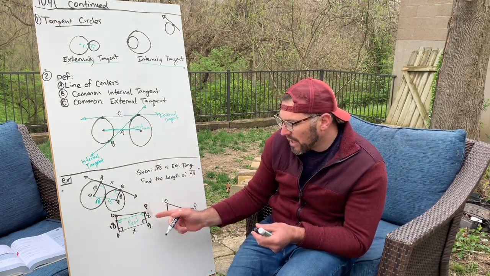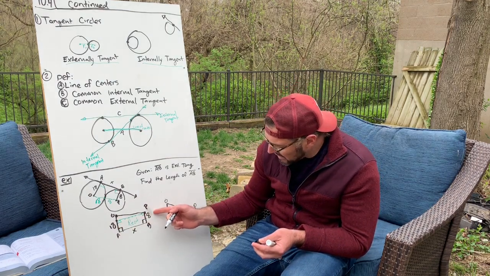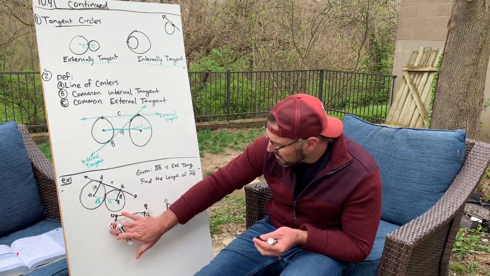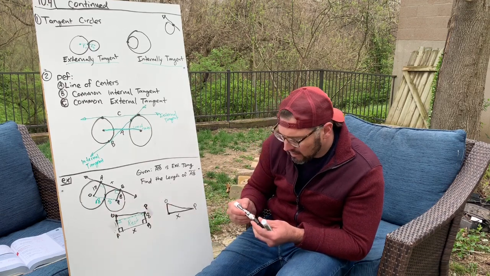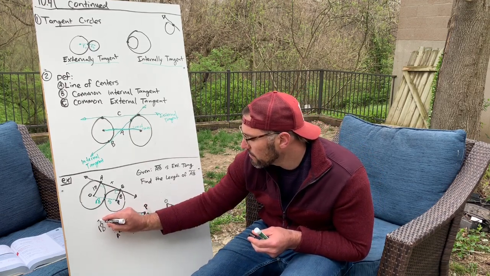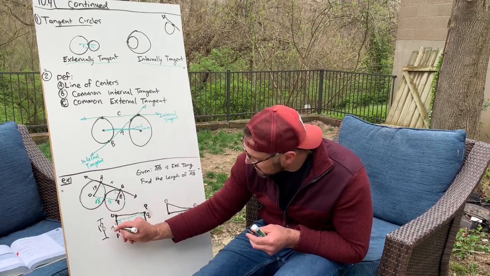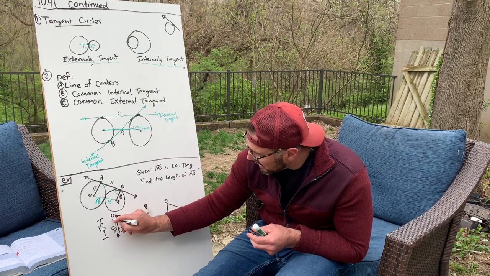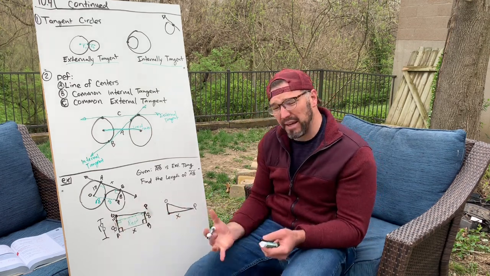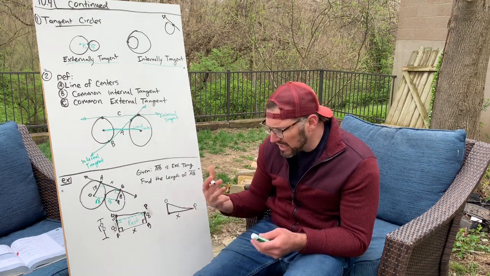Another property of a rectangle is that opposite sides are congruent, which means that if this side's 8, this side will be 8. But if the total here is 18, which means that if that's 8, then this little piece is 10. Do you see what I'm saying? Now, it might not be drawn to scale, but that doesn't matter, because I'm creating a system.